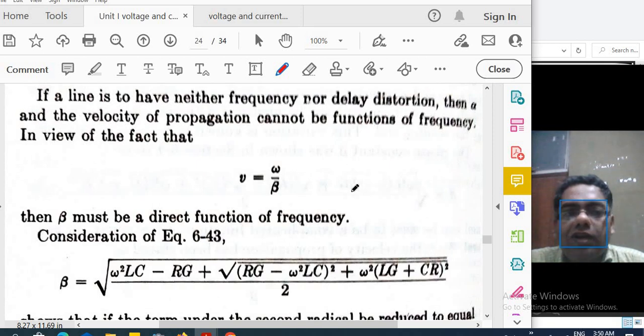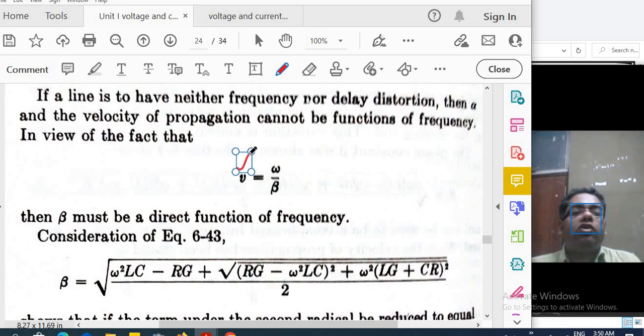First, let us see how we can avoid the delay distortion or phase distortion. Velocity V equals omega by beta. I want velocity to be independent of frequency, so that all frequency components arrive at the same time at the receiving end and there is no delay distortion.